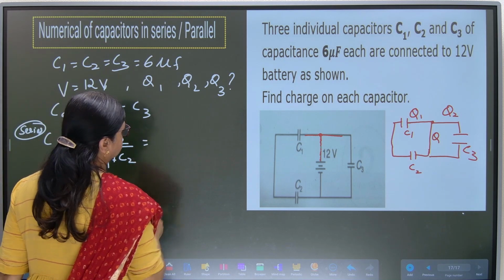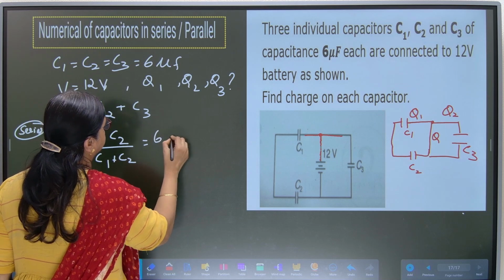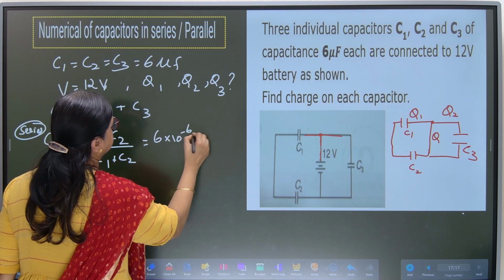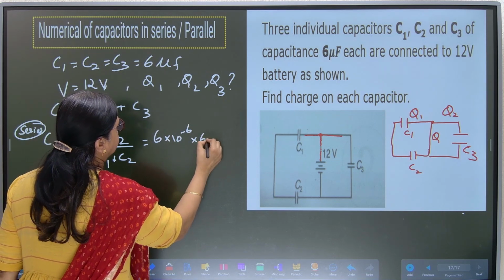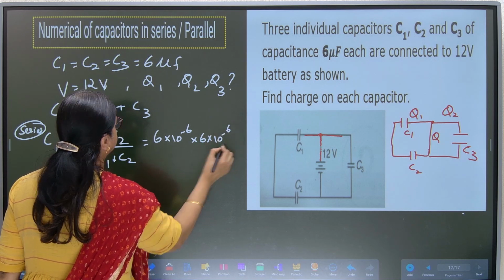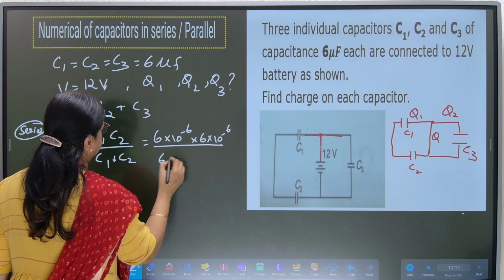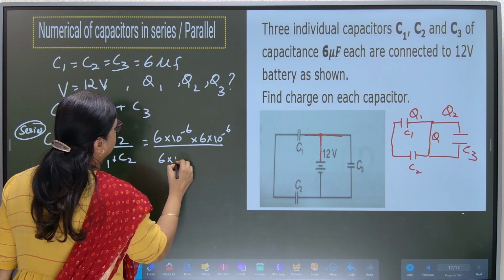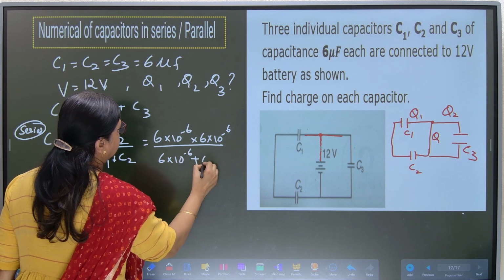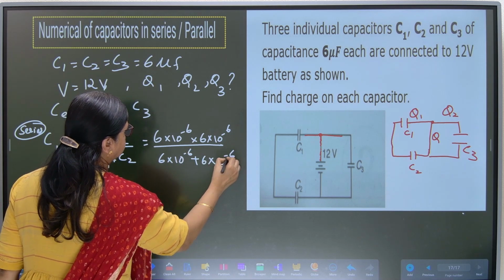Substitute the values. 6 into 10 raised to minus 6 multiplied by 6 into 10 raised to minus 6, divided by 6 into 10 raised to minus 6 plus 6 into 10 raised to minus 6.